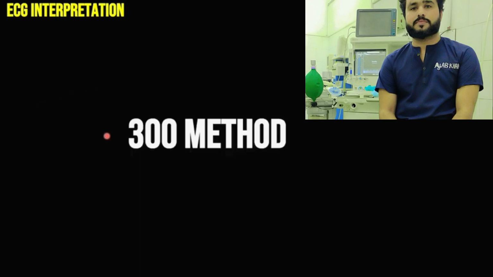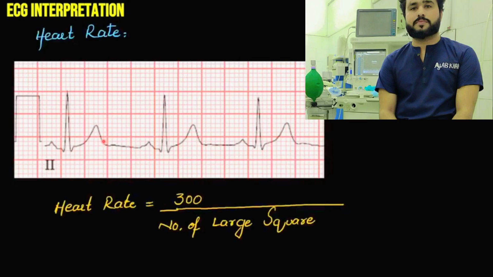Second method of rate calculation in an ECG is called the 300 method. In 300 method, what you do is that between the QRS complexes, you count the number of large squares and you divide 300 by the number of large squares present between the QRS complexes. In this, you have to use a calculator. So the number of large boxes between these two QRS complexes are 1, 2, 3, and 2/3 of this and 1/3 of this.